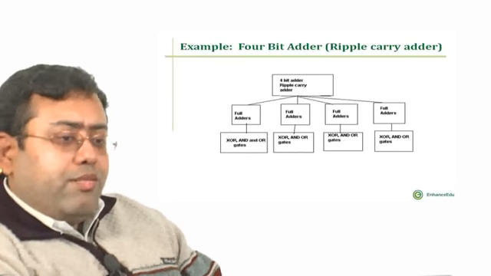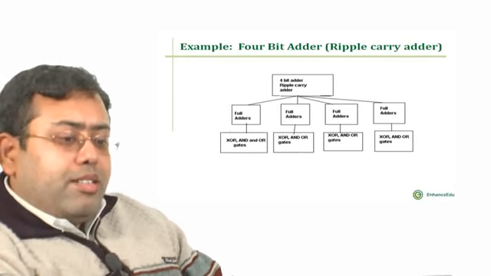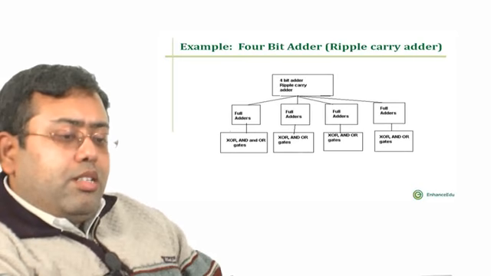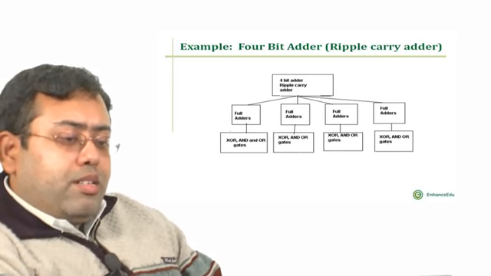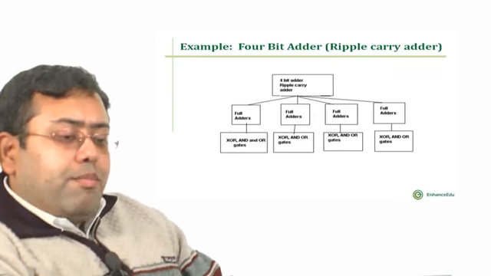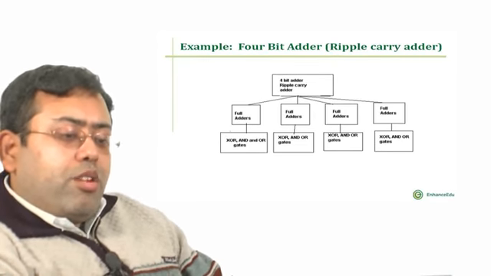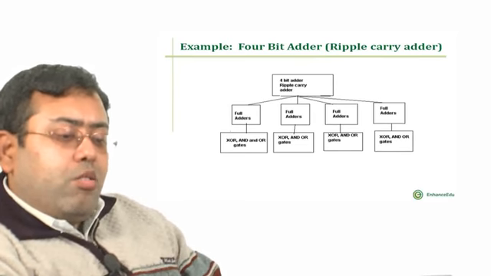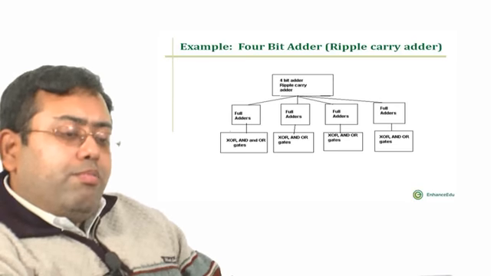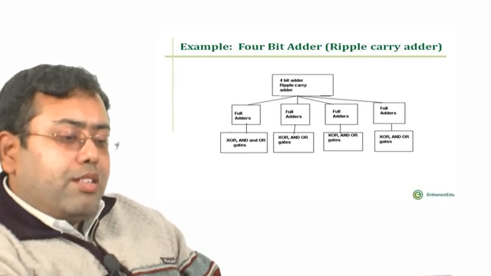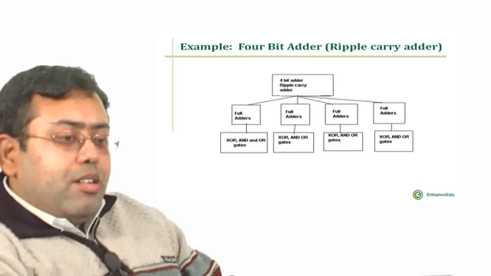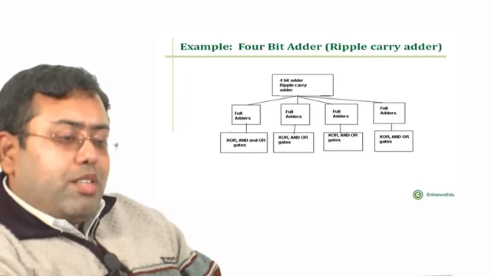An example is the case of a 4-bit ripple carry adder, where each of the bits in the 4-bit adder comprises one full adder, and each full adder is composed of XOR, AND and OR gates. So you start with the design of XOR, AND and OR gates, then you put them together to realize the full adder, and then put the full adders together to realize a 4-bit ripple carry adder. This is how you go by the bottom-up design philosophy.